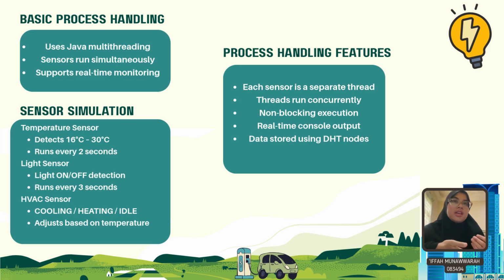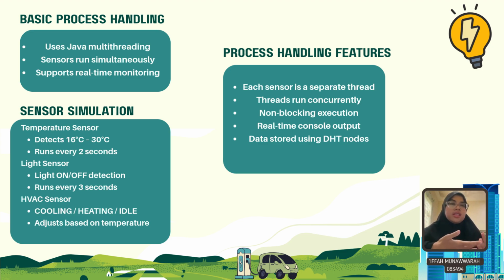Next, the data flow process. The system uses multi-threading, which allows all sensors to send data simultaneously. This means the system can process multiple sensor readings at the same time without waiting for one sensor to finish before handling another.